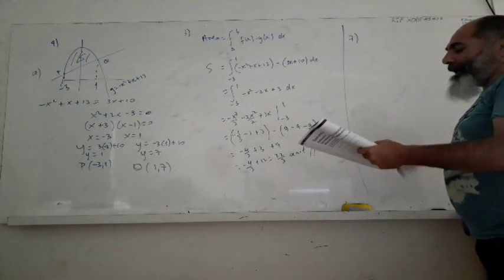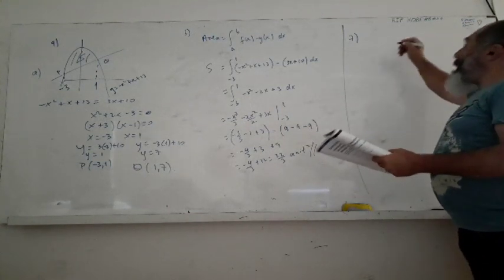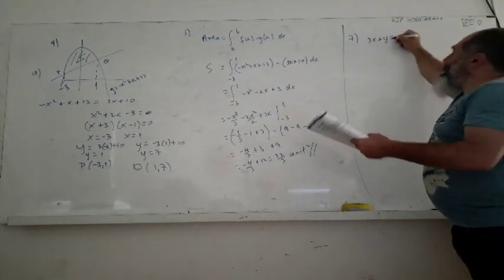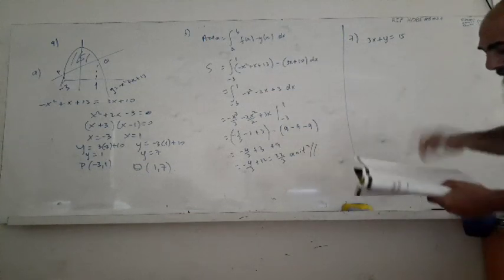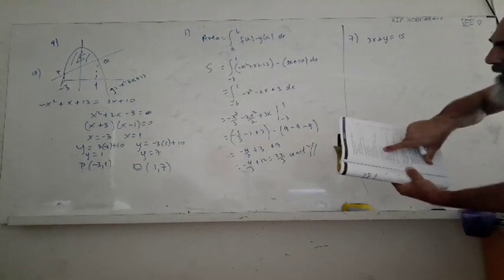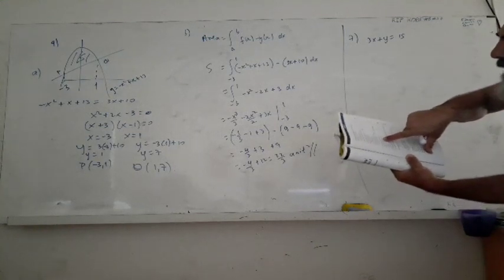In the question it says 3x plus y is equal to 15. Here in the question it says the sum of the squares of 2x, but it needs a correction. This is not 2x, this has to be 3x.